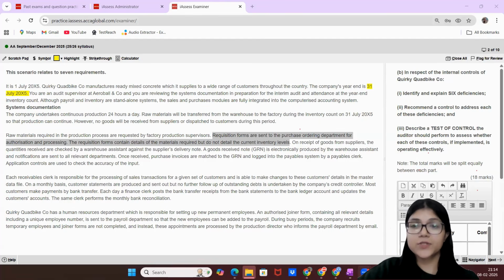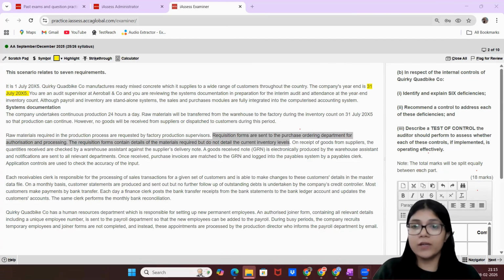Perfect. Absolutely correct. See, whenever you order something, you check how many of those products or raw materials you already have, right? If you have a lot of them already, you are not going to order, for obvious reasons. It's a loss for the company, an increase of expenses for the company.